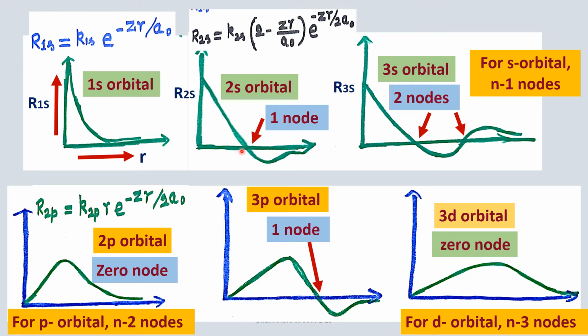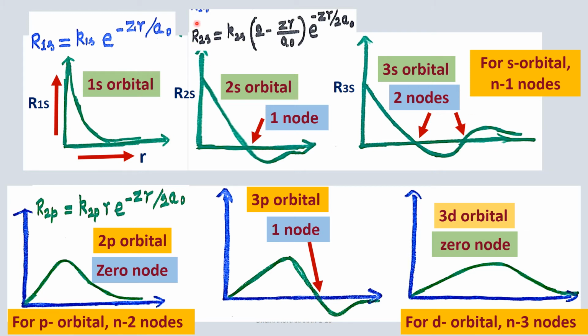As you see here, for 1s the exponential decay is faster. For 2s orbital, the exponential decay is slower, and again for 3s orbital, the decay is much slower.